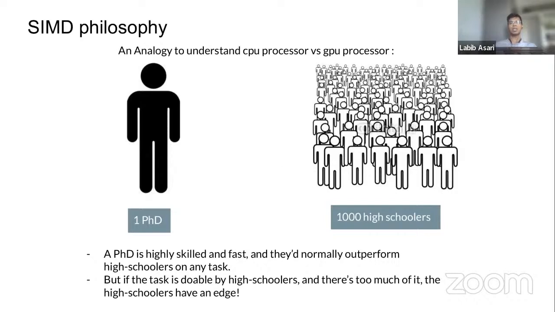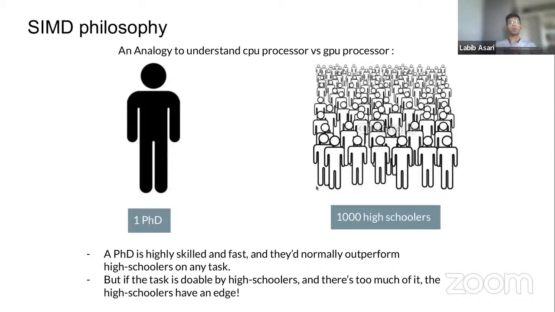But when we have 1,000 high school students and we have to execute the same instruction, let's take the example of picking up a ball. If you are picking up a small marble from the ground, then calling a PhD student for that is not a good use of them. Or say we have a mathematical operation to perform. If it's a simple addition or subtraction, then calling the PhD student for it is not a good task, because any single high school student can also do it.